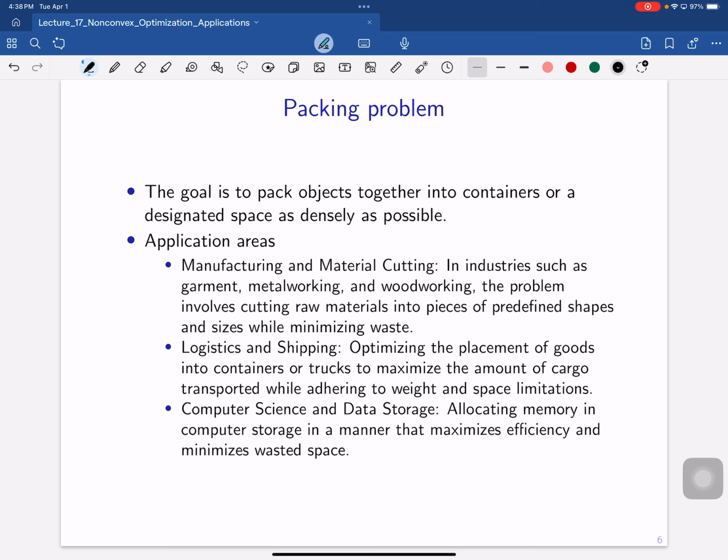It also has applications in computer science and data storage, for example how do you best allocate memory in cloud computing to maximize efficiency? I'm not going to talk about packing problems in general, but we will talk about some very simple packing problems.